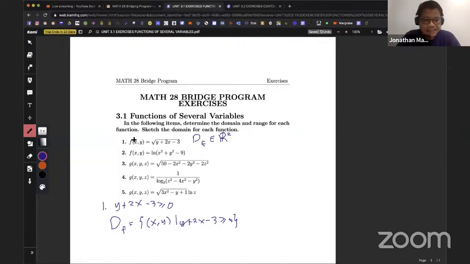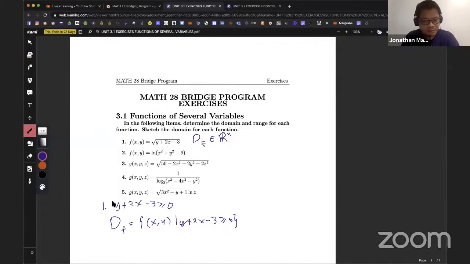As for the range, pwede mo tingnan to as z equals square root of y plus 2x minus 3. So ang output mo is just a value or one number. Okay? So the range, since this is a square root function again, and here you are taking the principal square root of the function, so obviously the function value should be non-negative.